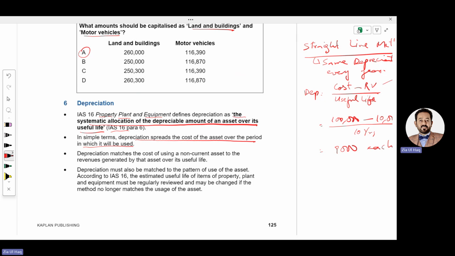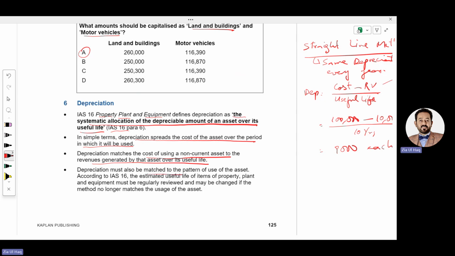Depreciation matches the cost of using a non-current asset to the revenue generated by the asset over its useful life. We charge the cost of asset usage to revenue because through this asset usage, the company is generating revenue. Without asset usage, the company is not able to generate revenue. That's why we are charging asset cost to revenue every year.